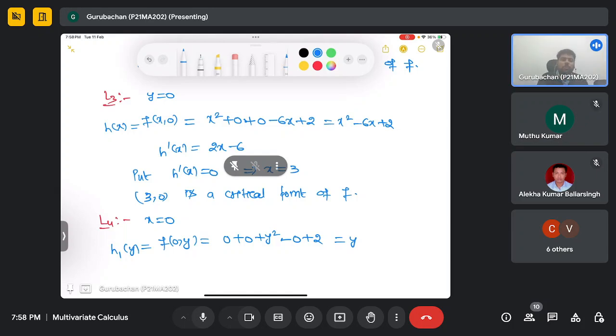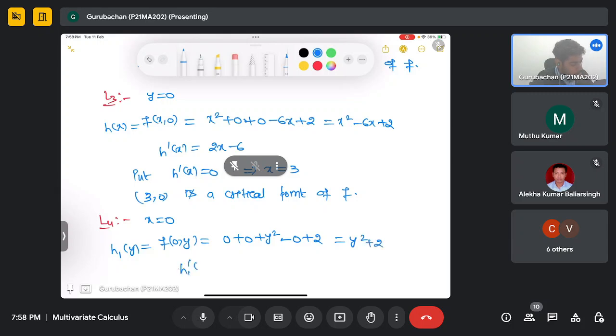Yes, we need to judge over it, like we need to think about the values here. I am writing critical here in the sense that we need to check the value for the absolute minima or absolute maximum. So that is why I'm writing it here. So here this will be y square plus 2.